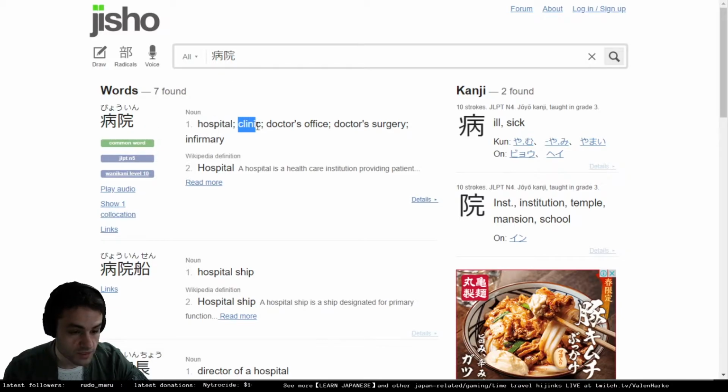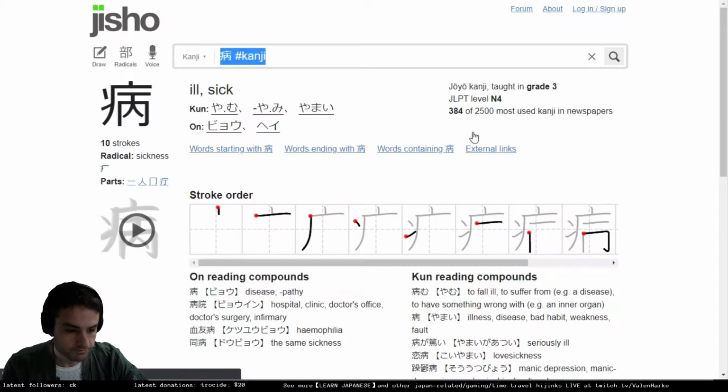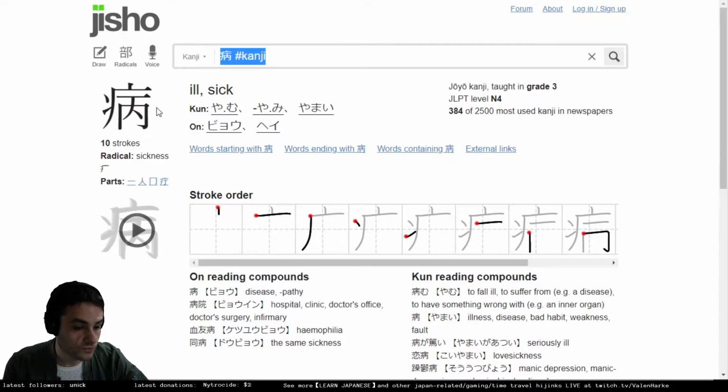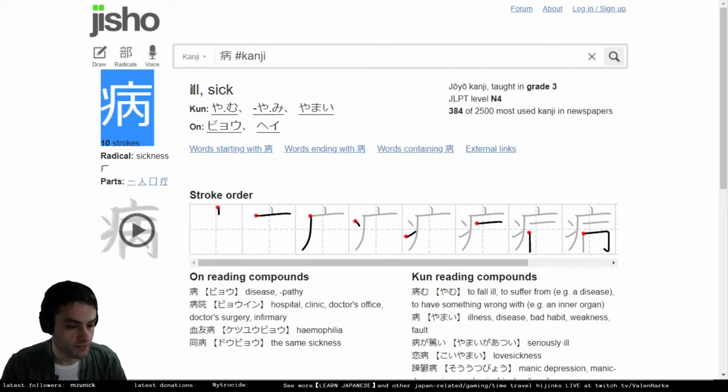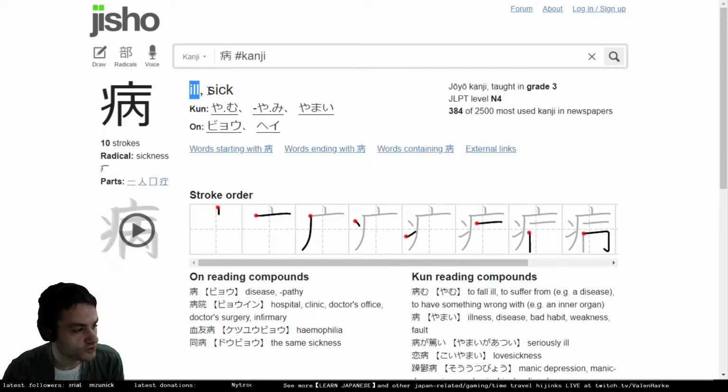But sometimes smaller places with just a couple doctors, or maybe one doctor, like a clinic, they'll sometimes use the word byouin for that as well. Okay, so just know that. And let's give it a little clicky. All right. By itself, this kanji can be used in many words that have some kind of meaning to do with ill or sick or sickness, right?